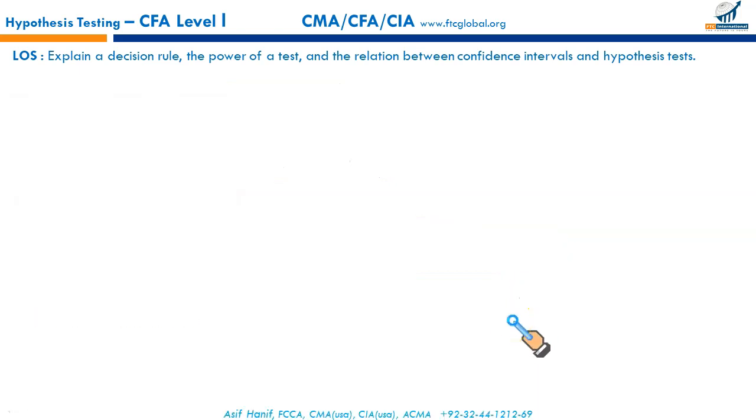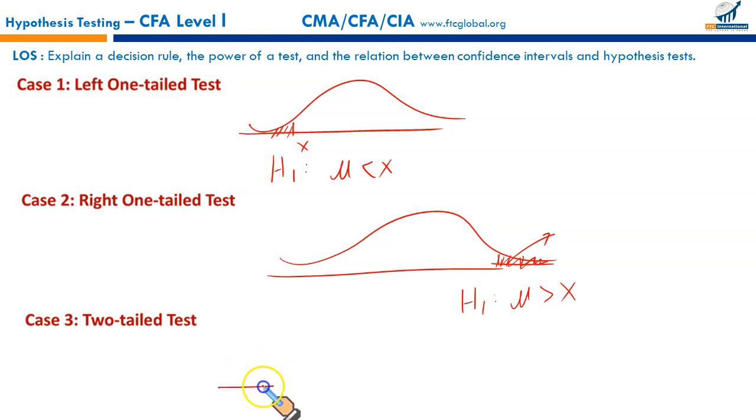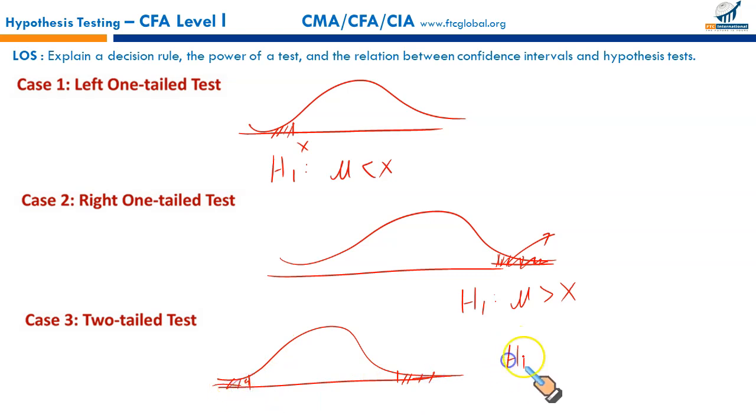And lastly, the two-tailed test. We will do this all. It's just an overview. We will apply these concepts in actual questions. So just get an overview and then we will apply it there. All right. So in the two-tailed test, this is the critical region. Here the alternative hypothesis is that the parameter is not equal to x.